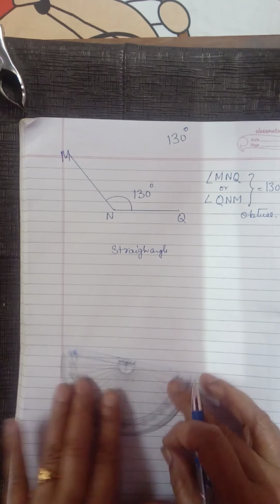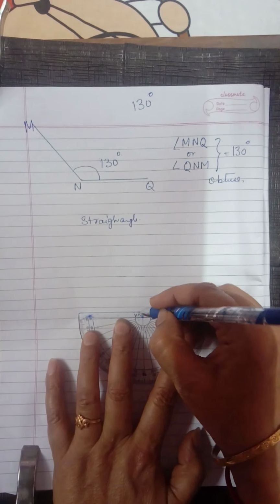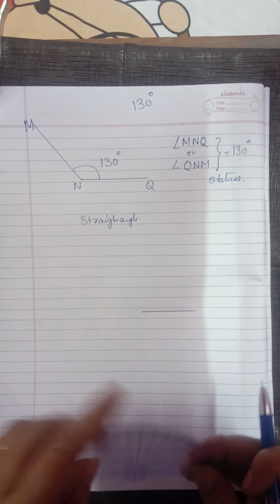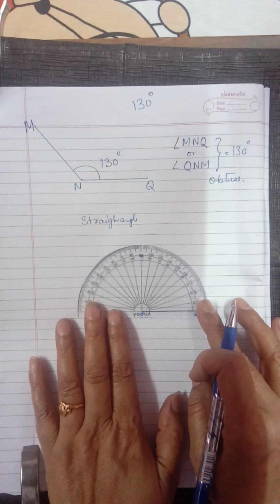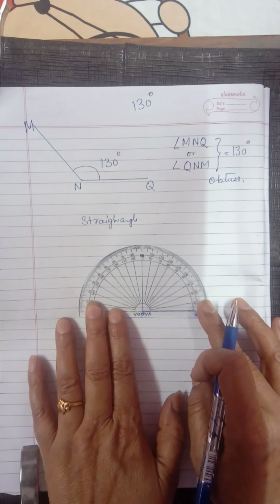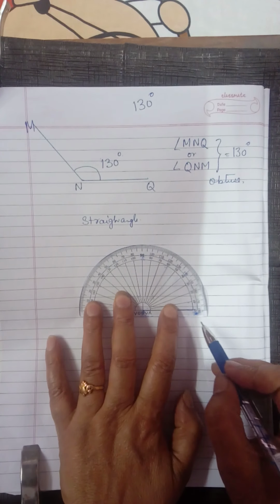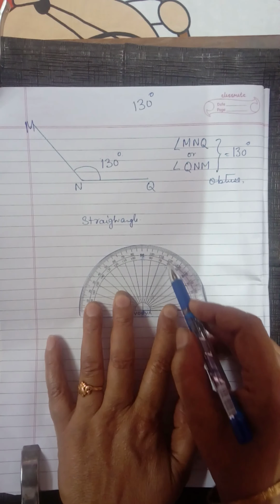Now to draw a straight angle, you just draw one baseline again. Keep your protractor to the left side. Place it correctly.